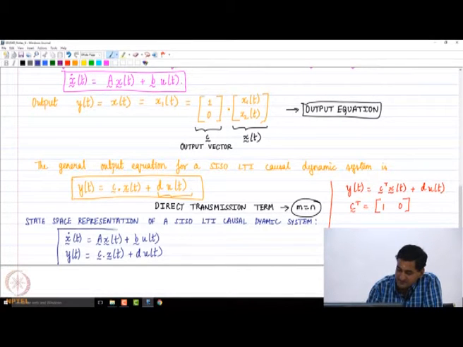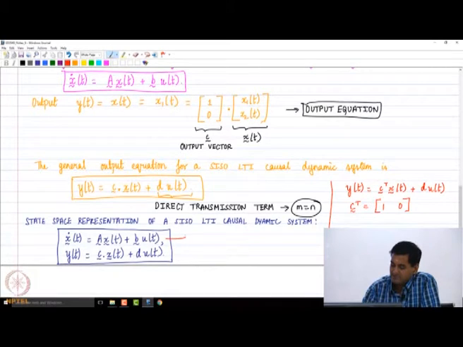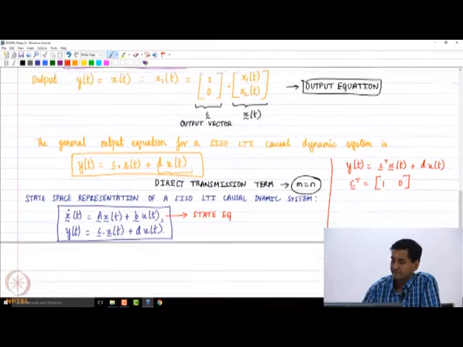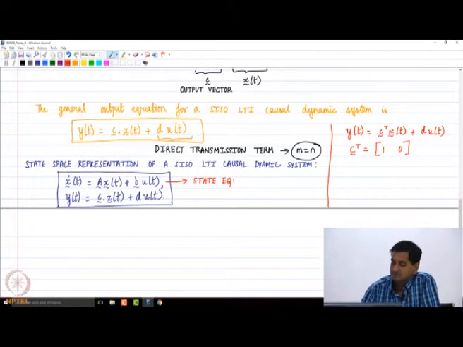That is the state space representation of a SISO LTI causal dynamic system. The first equation is what is called the state equation. The second equation is what is called the output equation.